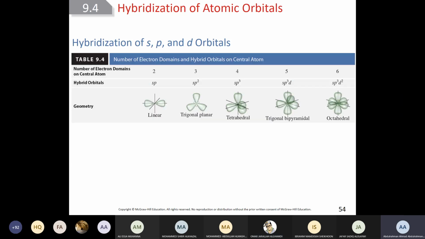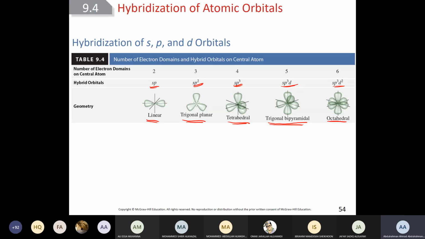Very good. So as we said, when we have sp, they will be like this and they will be linear. When we have sp2, they will be like this and it will be trigonal planar. If it's sp3, it will be tetrahedral. If it's sp3d, then it will be trigonal bipyramidal. For sp3d2, we have octahedral.